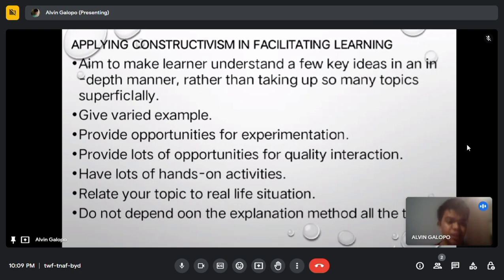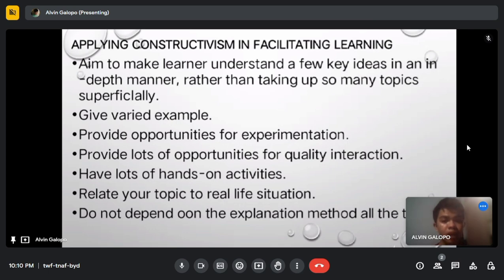And provide opportunities for experimentation. As a teacher, we must give opportunities for our learners to experiment with their understanding and what they have learned in our class, and provide lots of opportunities for quality interactions and hands-on activities.